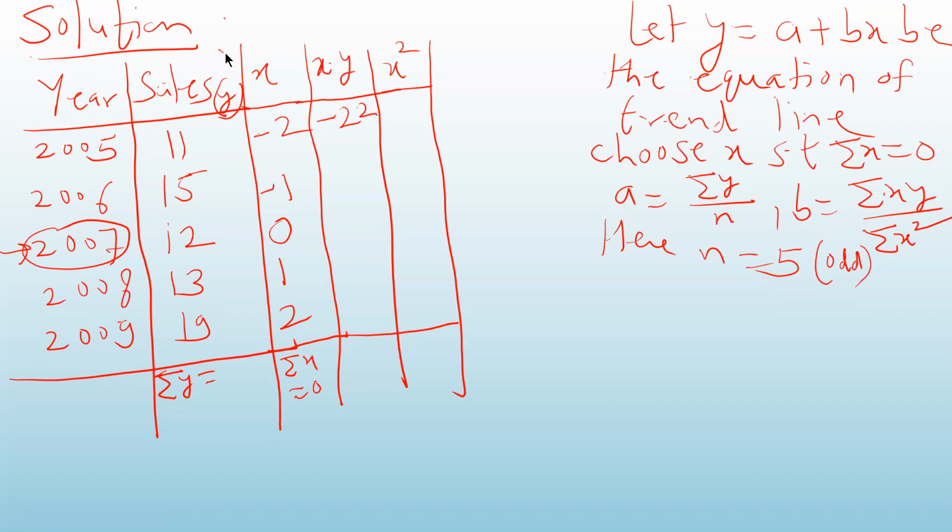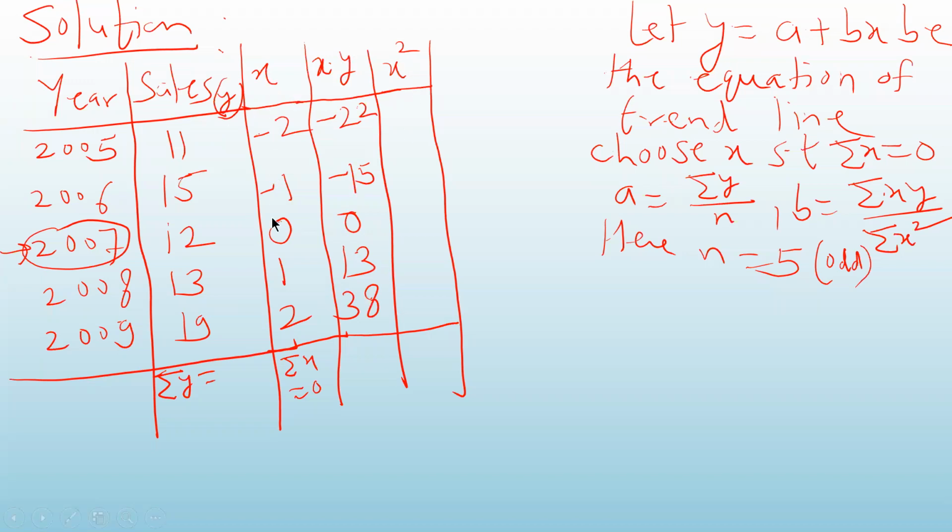Plus into minus will give you minus. 11 is with a plus sign, 2 is with a minus sign, so 11 into 2 is 22, and the sign is minus, so -22. 15 into -1 will give you -15. 12 into 0 is 0. 13 into 1 is 13. And 19 into 2 will give you 38. So in this way, you have calculated the column X into Y.